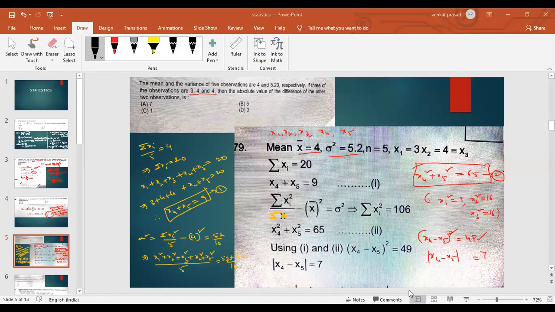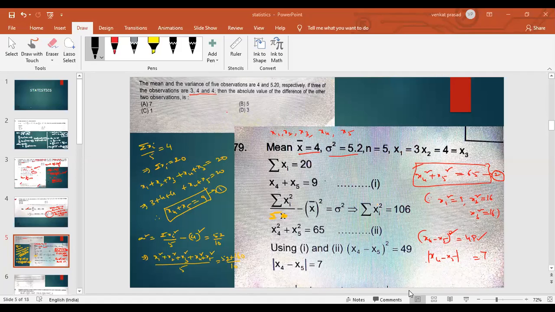What is the difference between standard deviation and sum of deviations? Standard deviation means root is there in the formula, no? But sum of the deviations means root is not there.